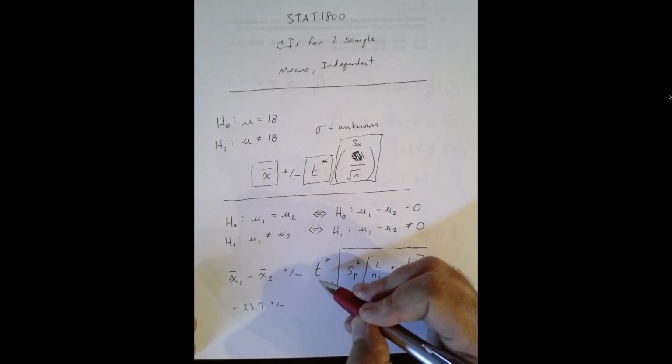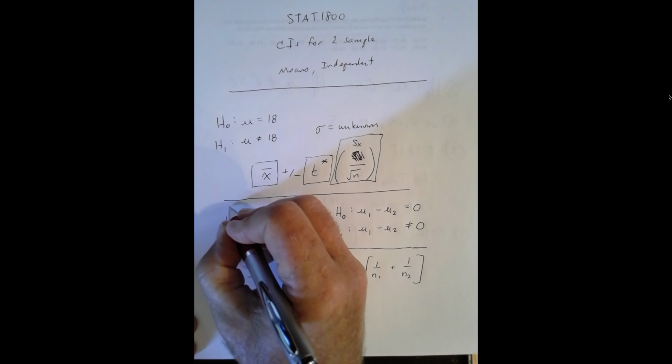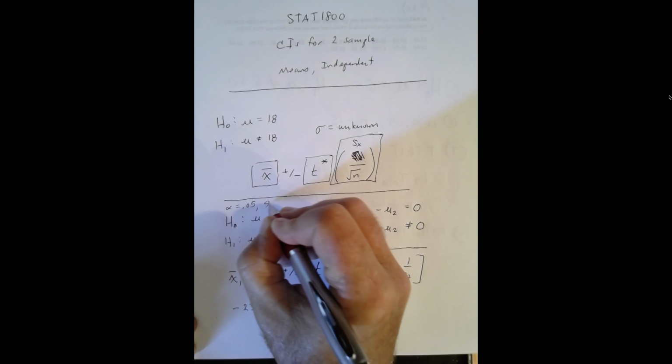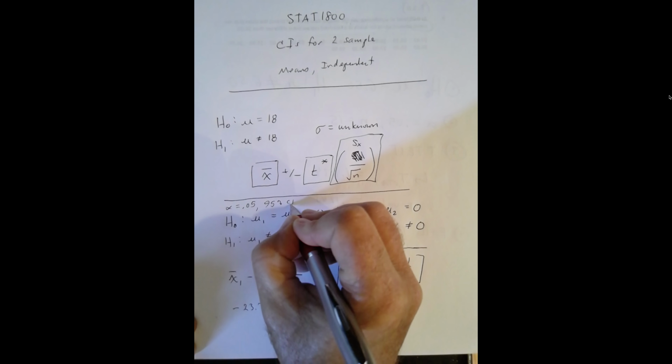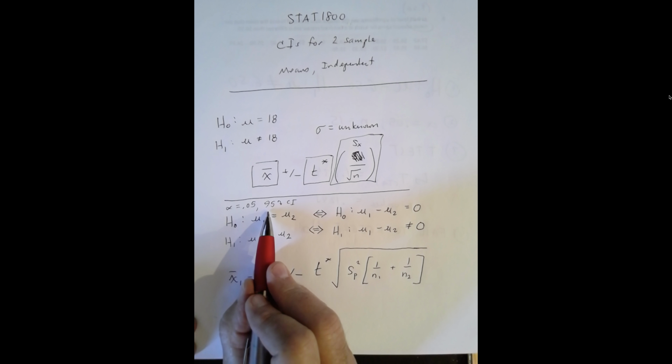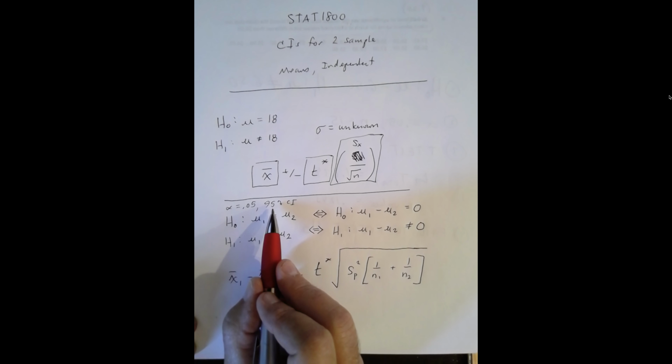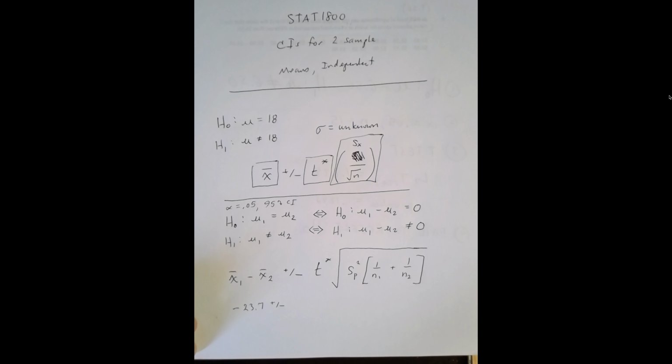Our t critical, let's say we're doing alpha equal 0.05, then we do a 95% confidence interval. 5 plus 95 is 100. That's the way it always works out. If this is 0.01, we do a 99. This is 0.10, we do a 90. Again, just review from previous videos.